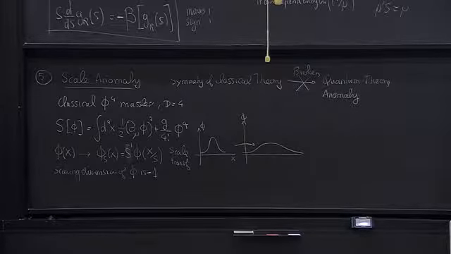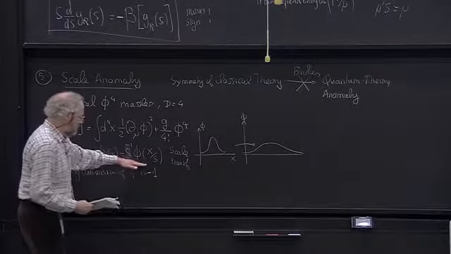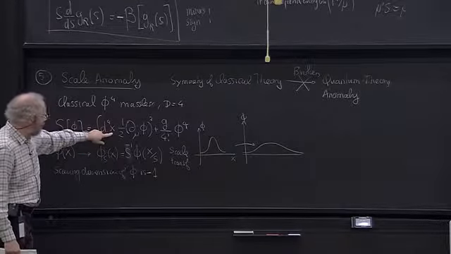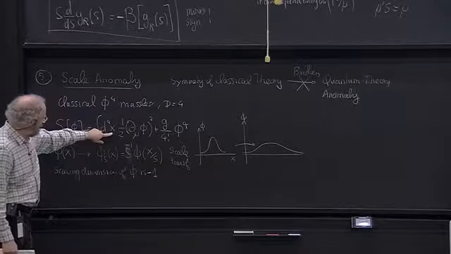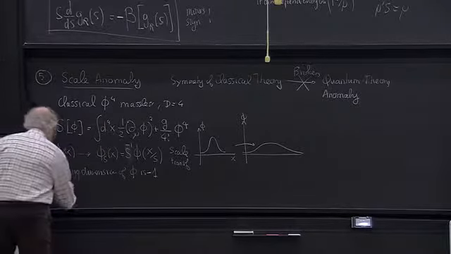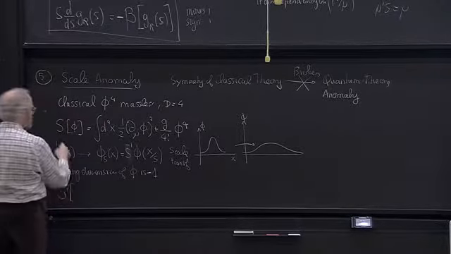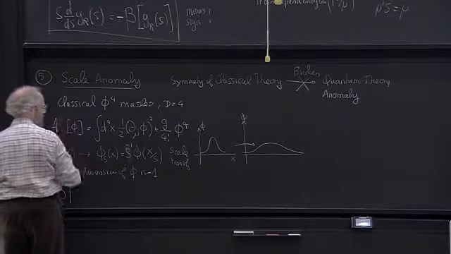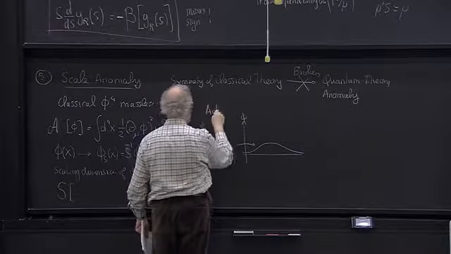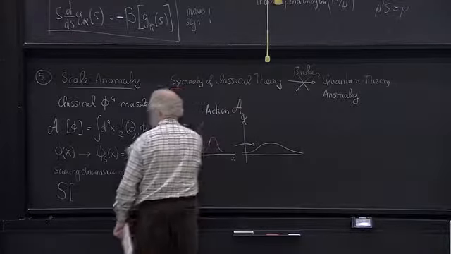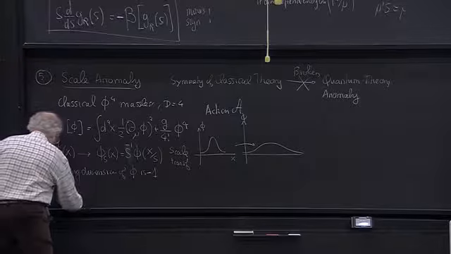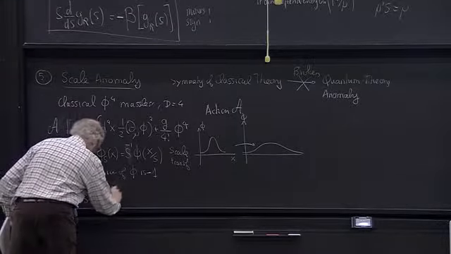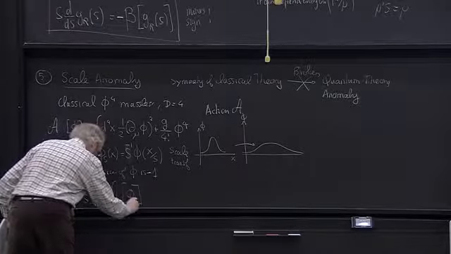Good. So under this scale transformation, you can check easily, if you make a change of variable, that the classical action, oh, I'm sorry, this is a very bad denomination because this is the action. So let me write this A. That A of φ_s is always equal to A of the original φ.